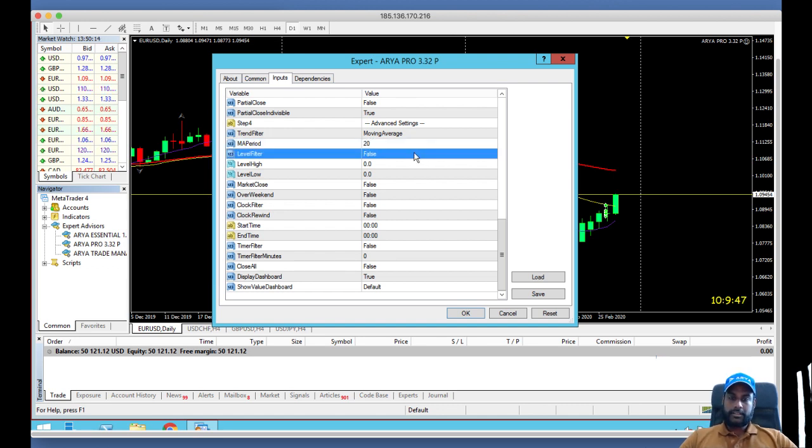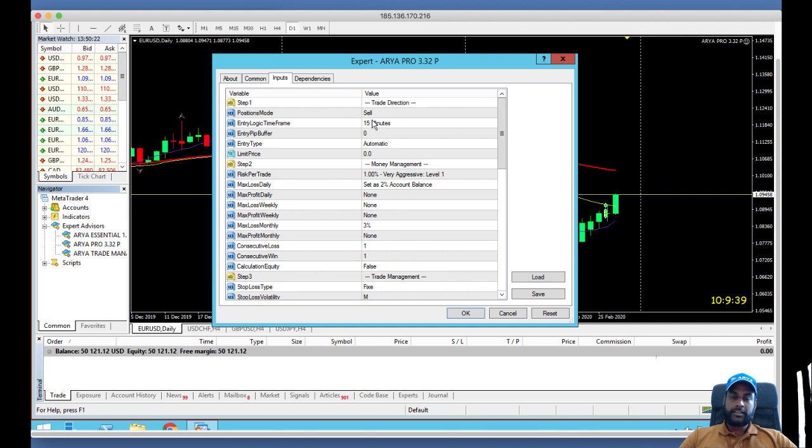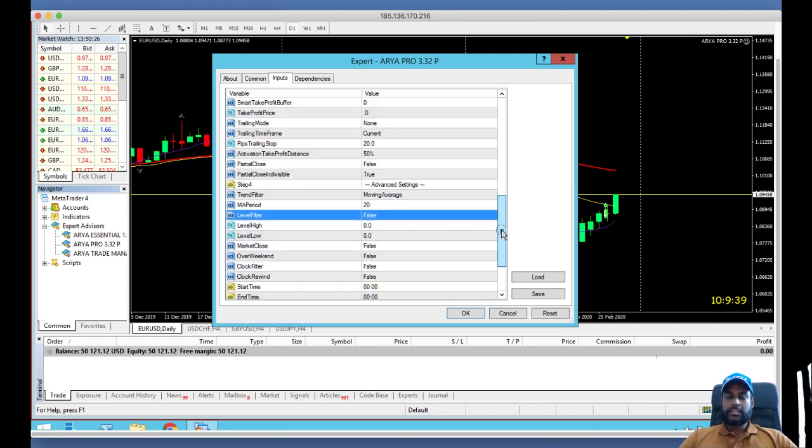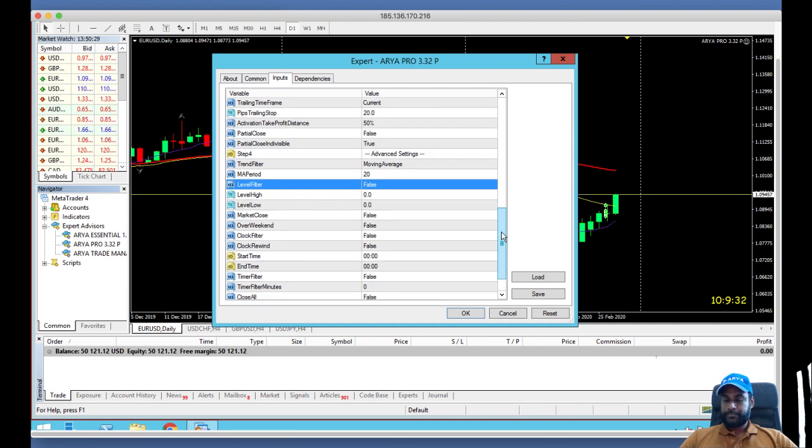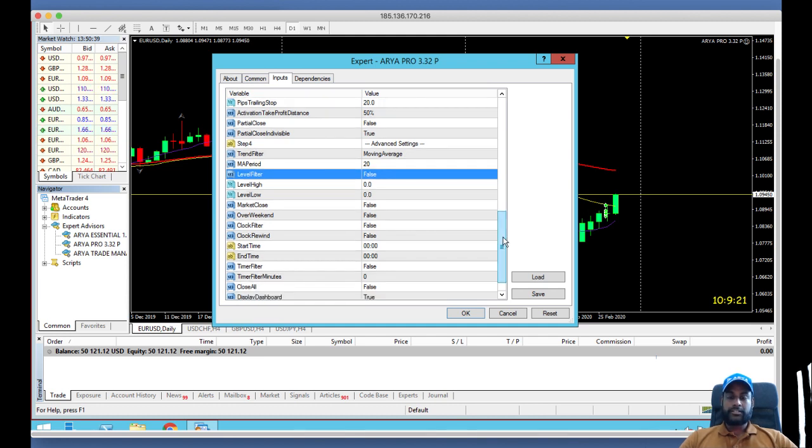Basically the moving average of the last 20 candles on the, for example, M15 time frame, because we selected here entry logic time frame 15 minutes. So the last 15 minutes candle will be the one we will use to have the moving average of it, and then ARIA will use that moving average to sell or not sell because the trend is not confirmed.